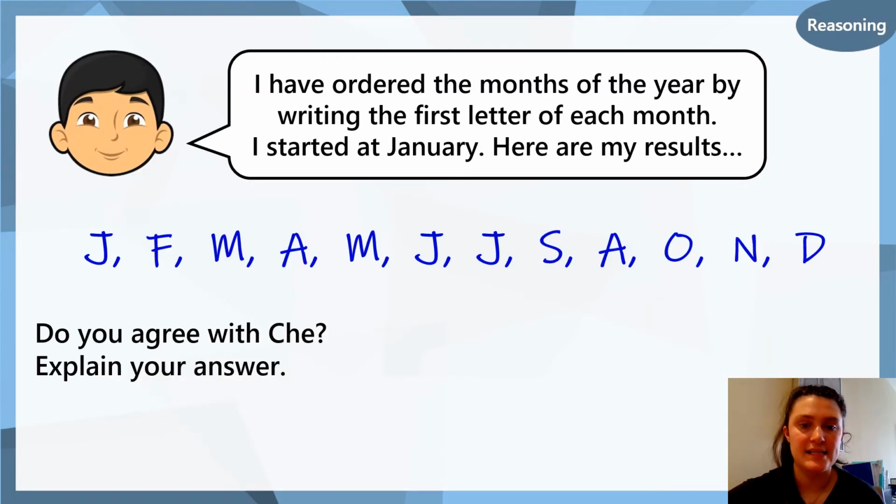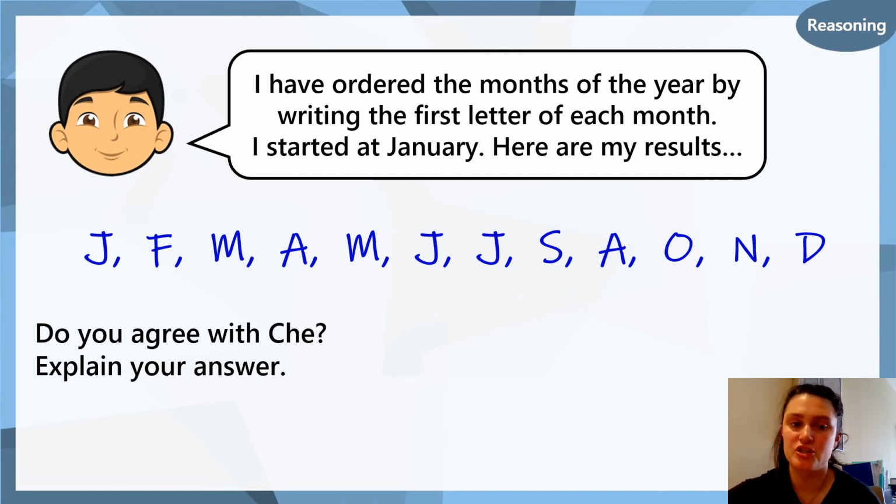Now, here is Che. He has ordered the months of the year by writing the first letter of each month. He started at January. Here are his results. He has J, F, M, A, M, J, J, S, A, O, N, D. So each of these letters is the first letter of the month.